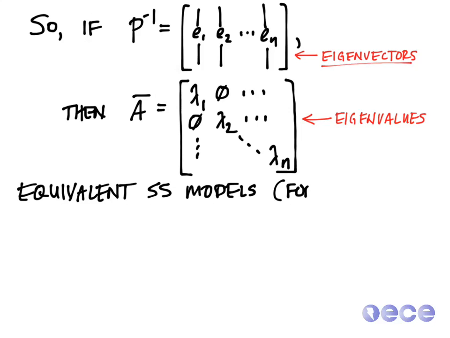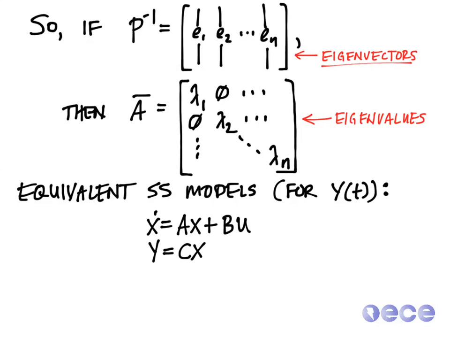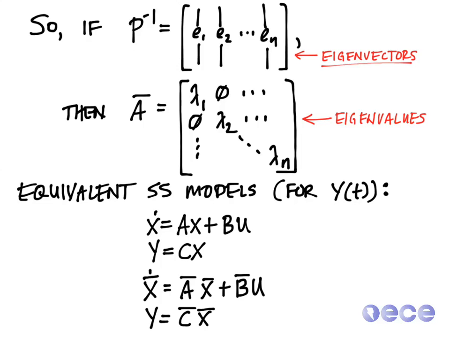So the equivalent state space models for y of t, since we have x dot equals Ax plus Bu, y equals Cx, are x bar dot equals A bar x bar plus B bar times u, and y equals C bar times x bar. So these are our two equivalent state space models, and we know how to create P inverse, and because we have calculators we can create P from P inverse, and we have A bar, which we create from the eigenvalues.